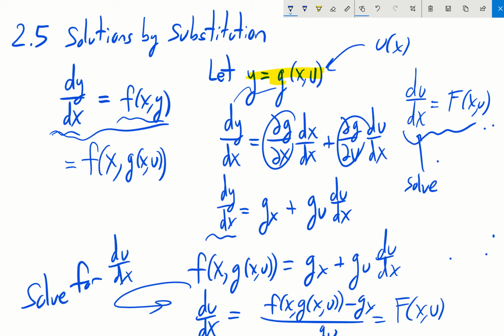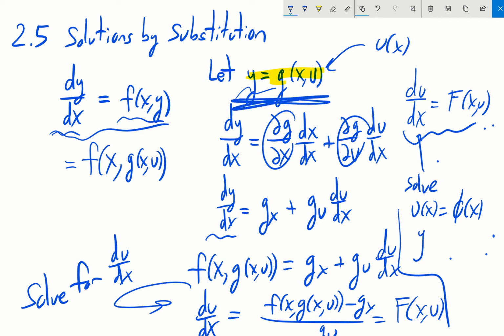And let's suppose we can actually solve this. Let's suppose we solve this for u. Remember, u is a function of x, and let's suppose that it has the form psi of x. So if we're actually able to solve this, then that gives us the solution to our original ODE. The solution to the original ODE, remember, it was y equals g of x comma u, which is going to be y equals g of x comma psi of x.